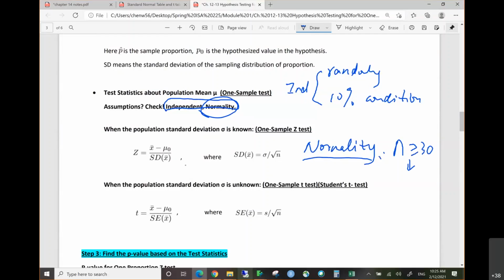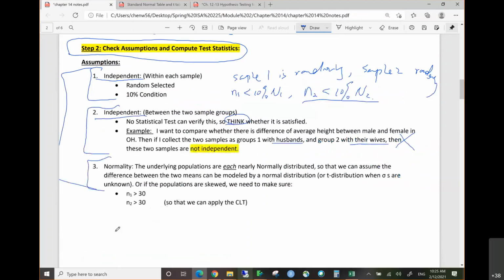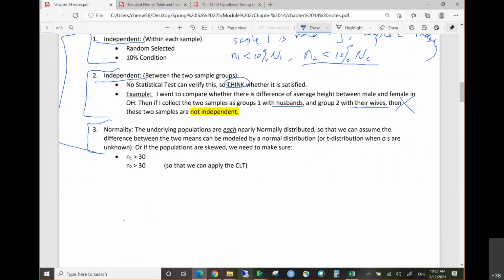That means if it is larger than 30, we can apply the central limit theorem to say the sampling distribution is normally distributed, right? And now we have two samples. That means we need to check both samples. We need to check that sample size 1 is larger than 30. At the same time, sample size 2 also needs to be larger than 30, so that we can apply the central limit theorem to check this assumption.